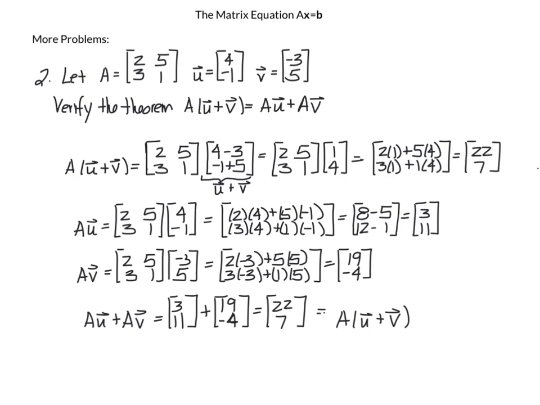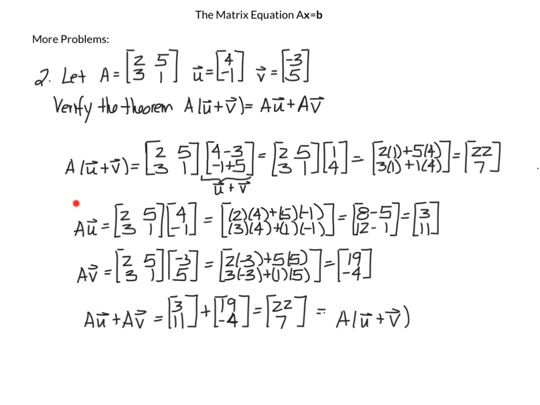For the first row, I take the first row of my matrix multiplied by my x, so I get 2 times 1 plus 5 times 4. For my second row, I take my second row of my matrix times my x, so 3 times 1 plus 1 times 4, and that is equal to 22, 7.